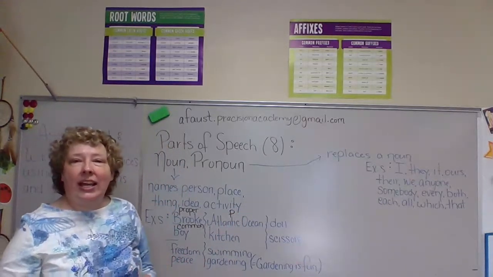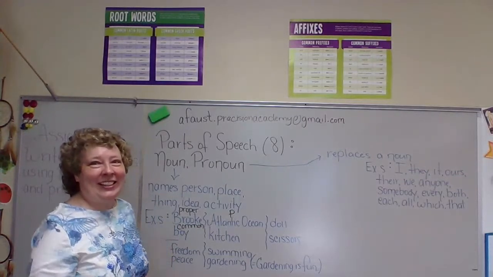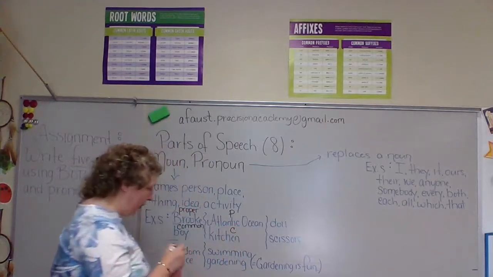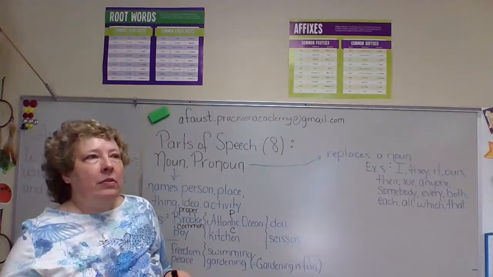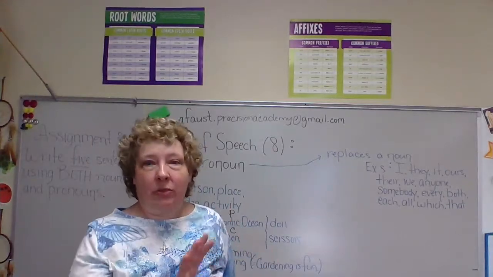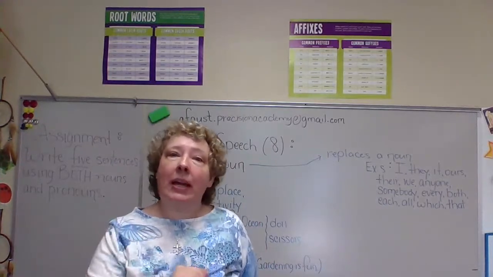And then kitchen. Okay, very general. We'll put a C for common. Okay. So I want you to be aware that we're going to focus on 2 types of nouns only. There are more. Trust me, there are more. Okay, your proper and your common nouns. So keep that in mind.